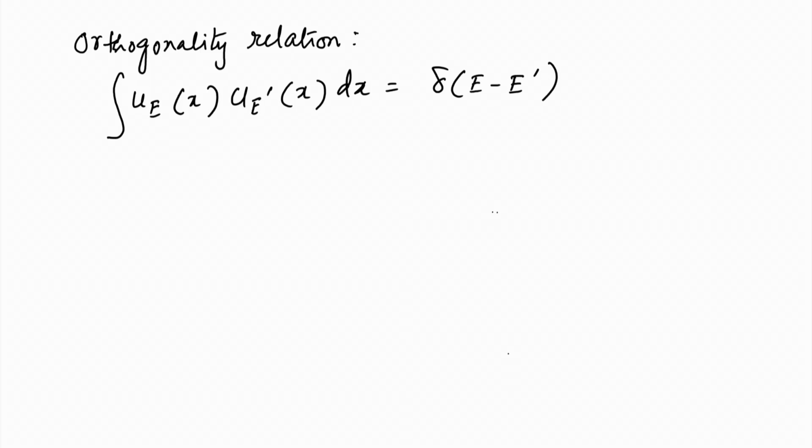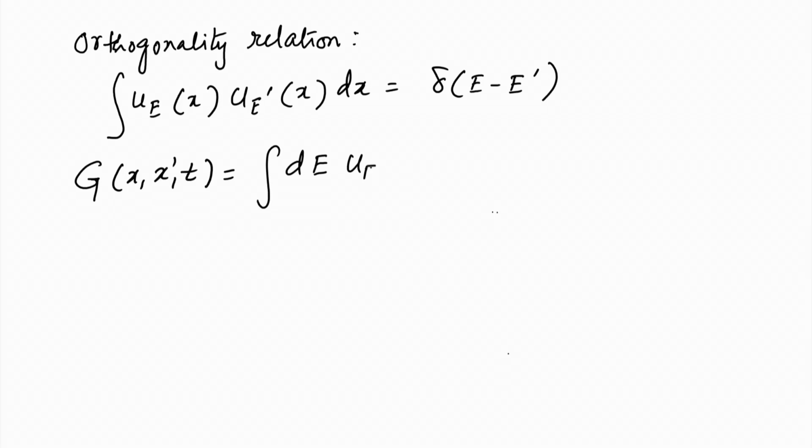Then the propagator or the Green's function can be written as the integral over e of u e of x times u e star of x prime, with an exponential minus i e t by h cross, which we call equation 2.